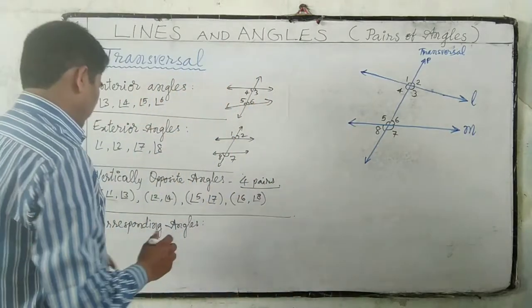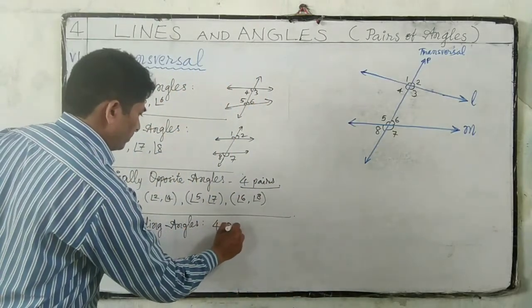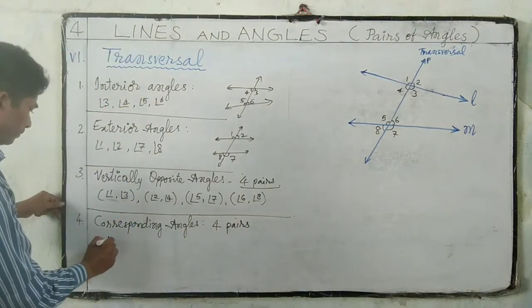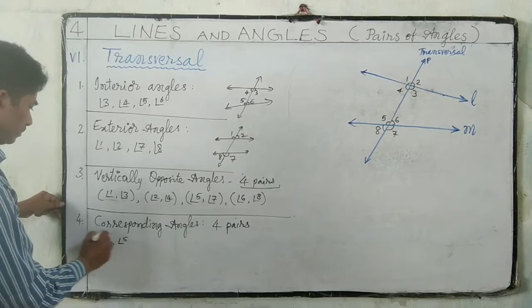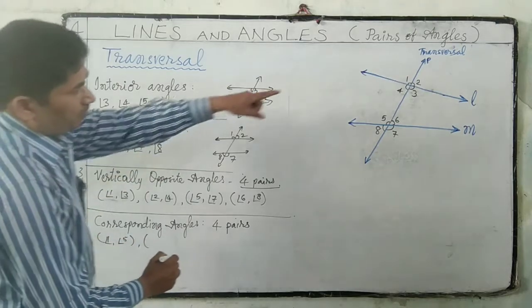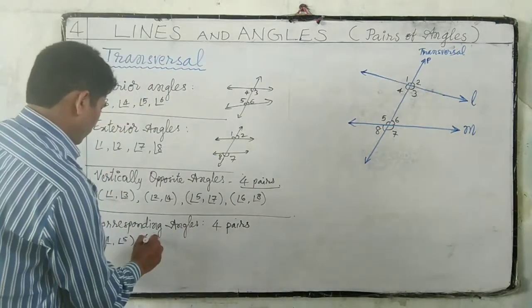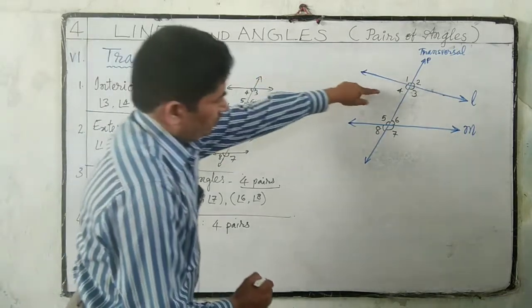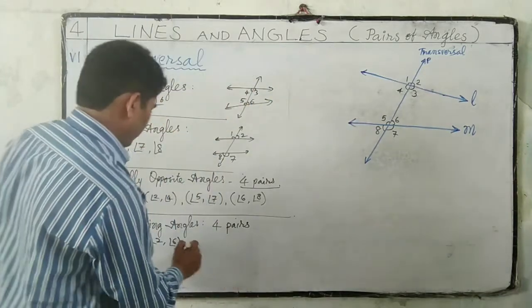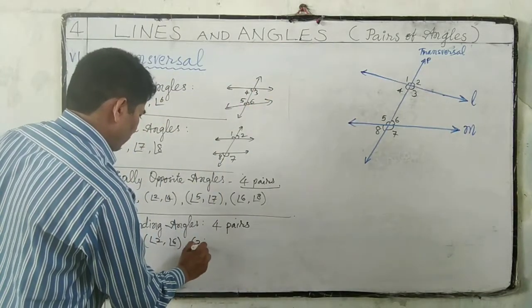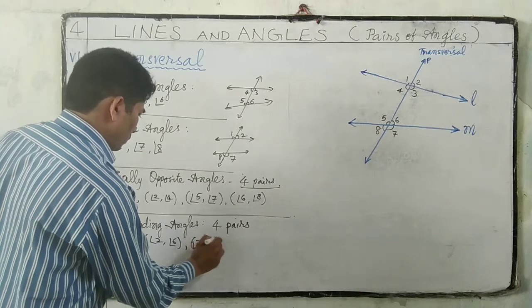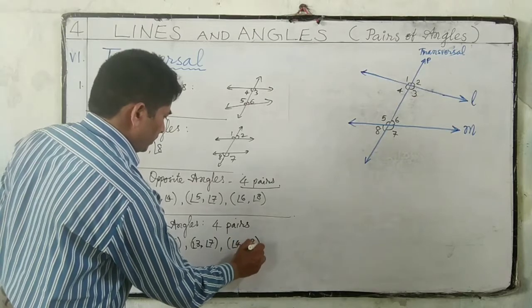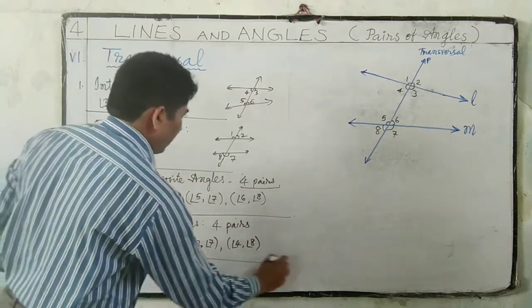These are 4 pairs: 1, 5, 2, 6, 3, 7, 4, 8. Corresponding angles.